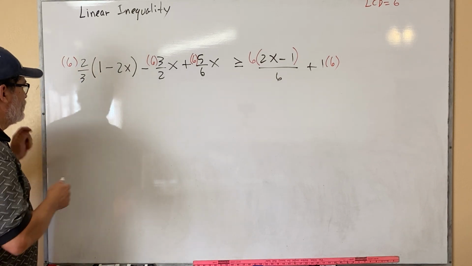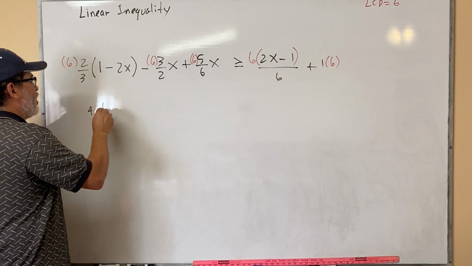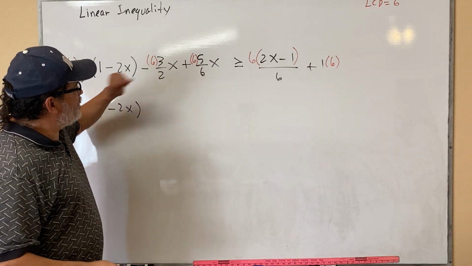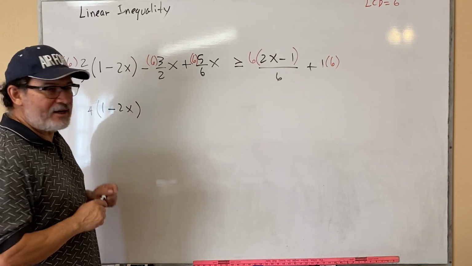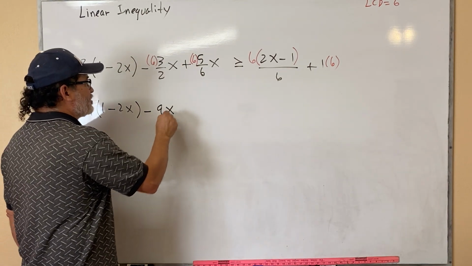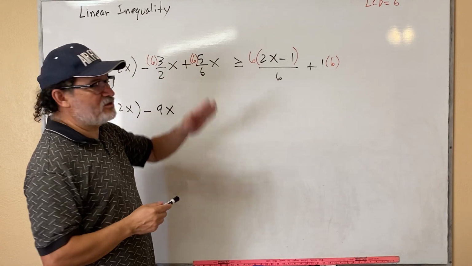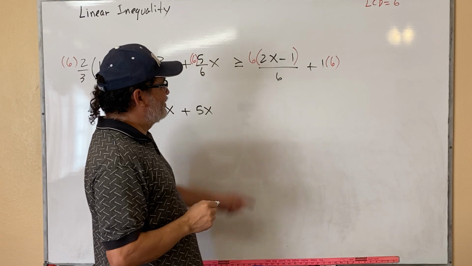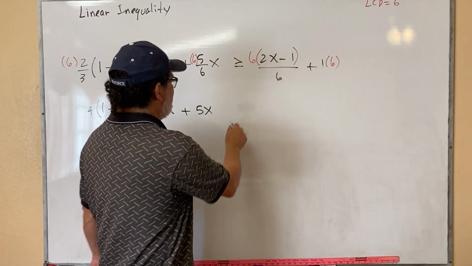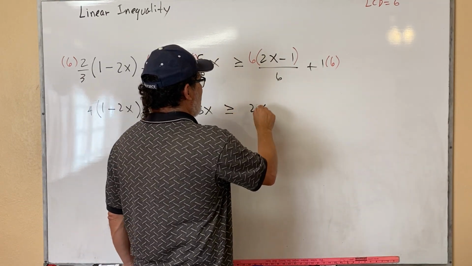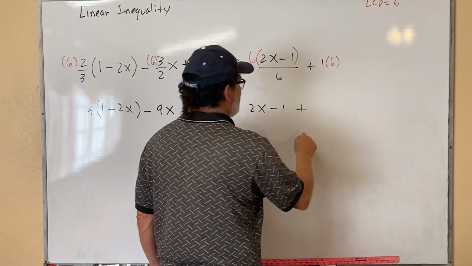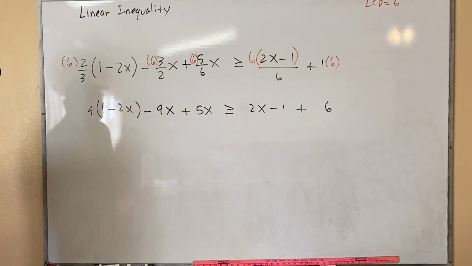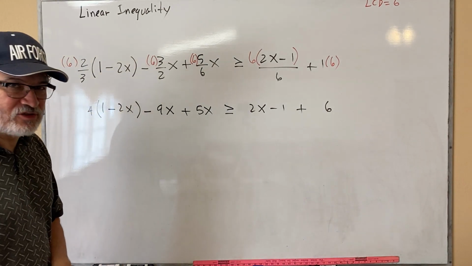So this is 4 times (1 minus 2x). 2 goes into 6 3 times. 3 times 3 is 9, minus 9x. The 6 cancels. Plus 5x. The 6 cancels. And what do we get? 2x minus 1. Plus what? Plus 6. See? No more fractions.